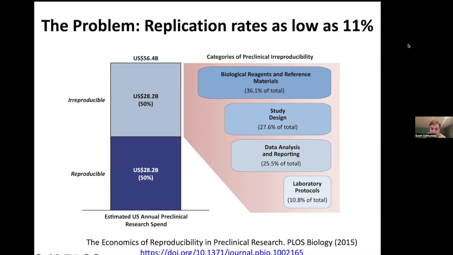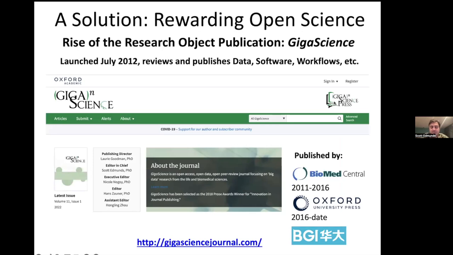It's a massive waste of money, bad drugs, holding science back, really. And this was a lot of the rationale for GigaScience and GigaScience Press. I'm the editor-in-chief of GigaScience, and we really set ourselves up at the beginning.